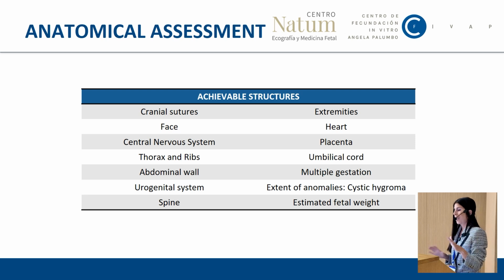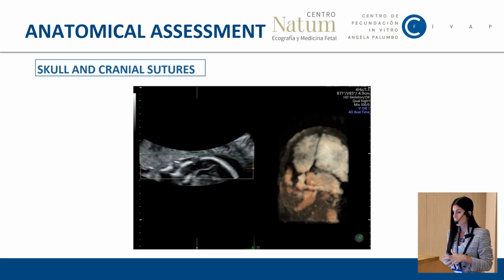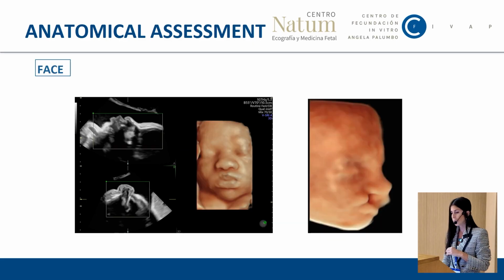Well, now that you know the different display modes, I'm going to show you a few examples of the different achievable fetal anatomical structures. We can see the skull and cranial sutures of the baby. This allows us to check if the ossification of the cranial structures is according to the gestational age, even to diagnose a craniosynostosis.